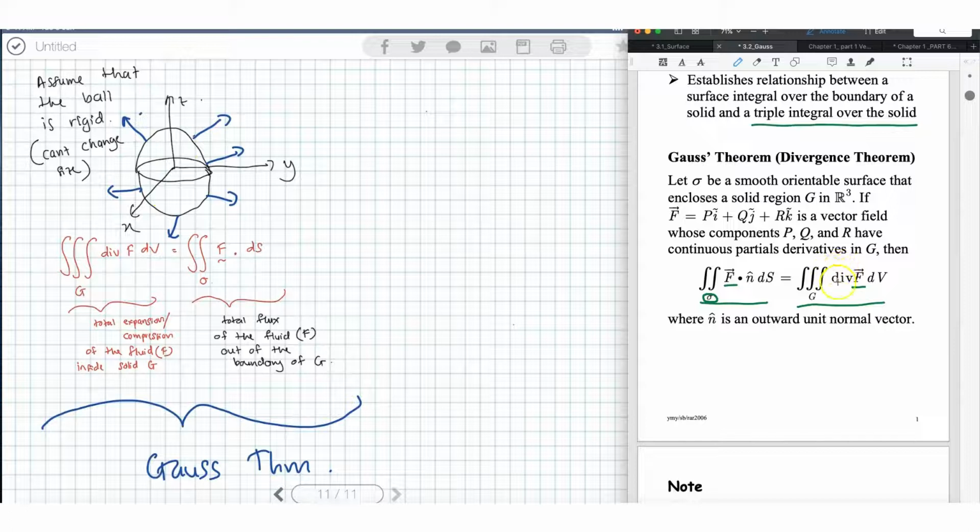Instead of calculating that twice, I mean you have to consider the positive z and the negative z, and calculate the surface integral twice, we just evaluate one, using the formula on the right, where you deal with the triple integral, and the integrand is given by the divergence of F. Normally this is simpler than computing all the surfaces if you are using the left method.